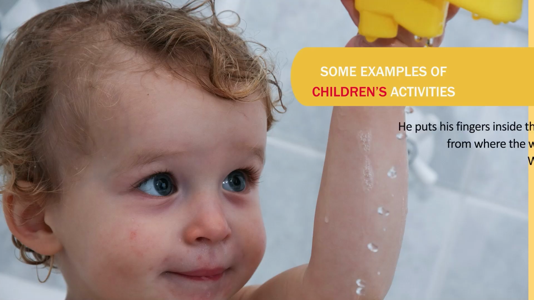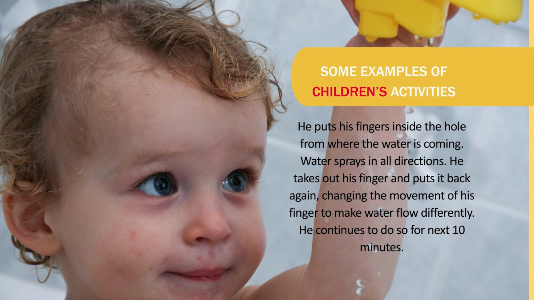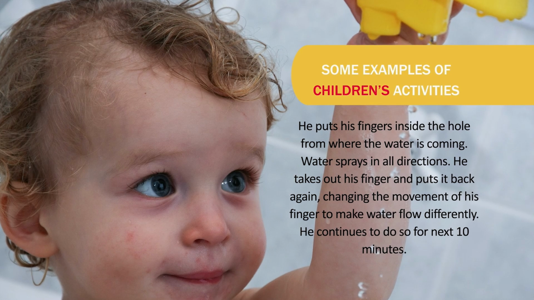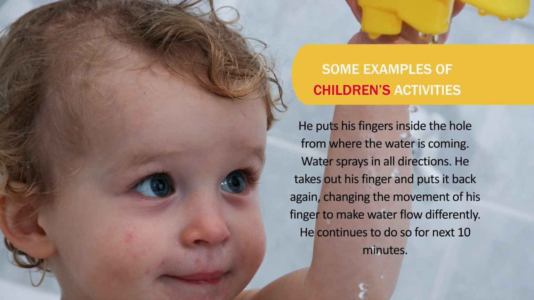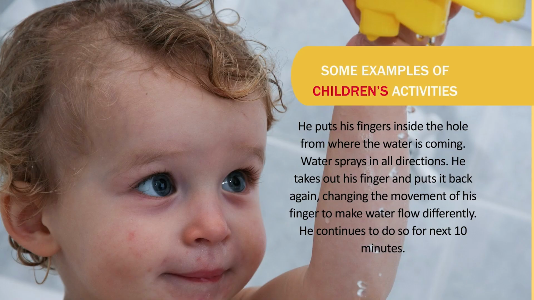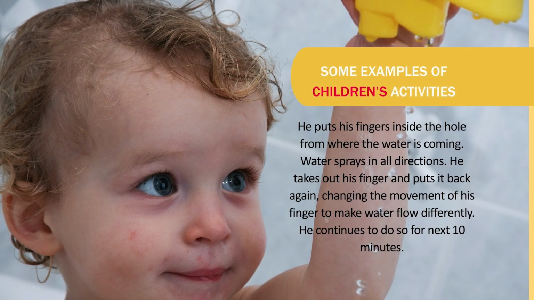He puts his finger inside the hole from where the water is coming. The water sprays in all directions. He takes out his finger and puts it back again, and this changes the movement of the water. He keeps doing this for quite some time, putting his finger in, taking it out, making the water go in different directions, and he is engrossed in this activity.